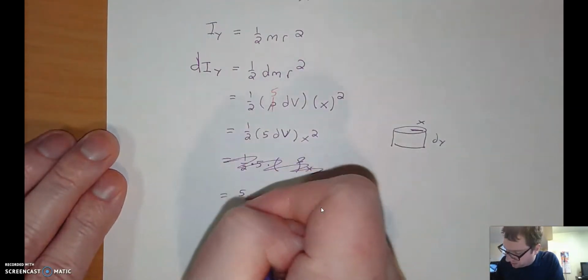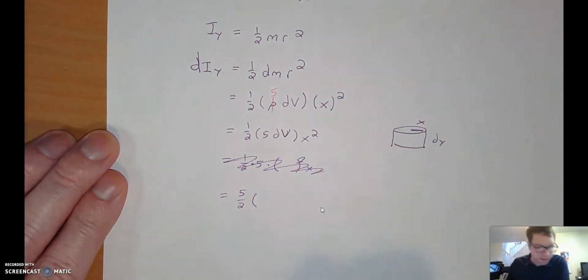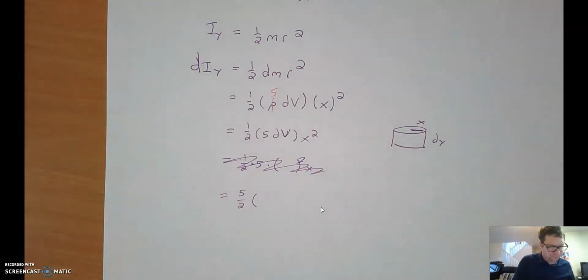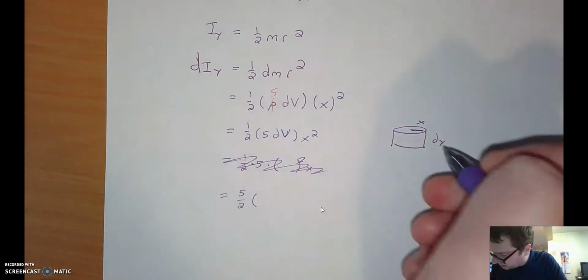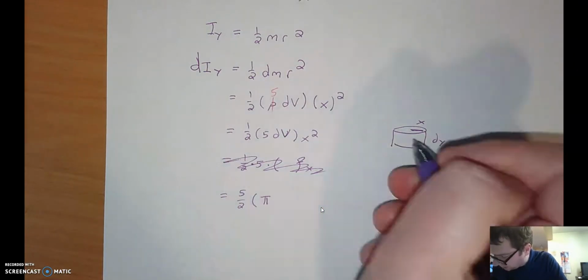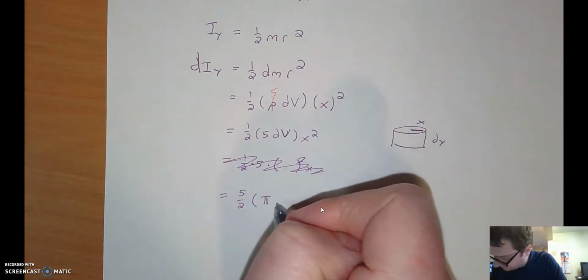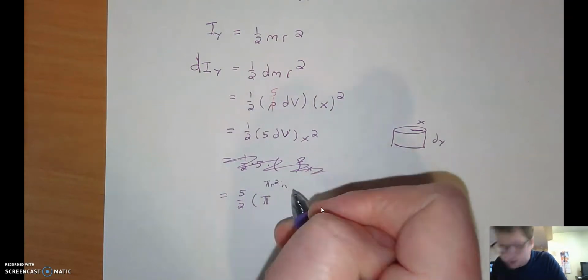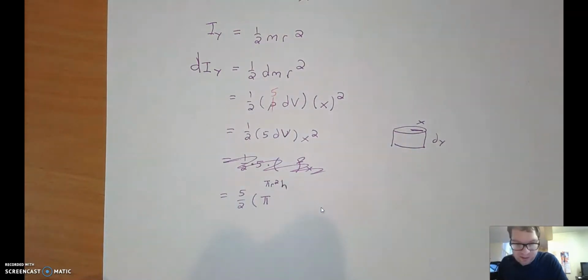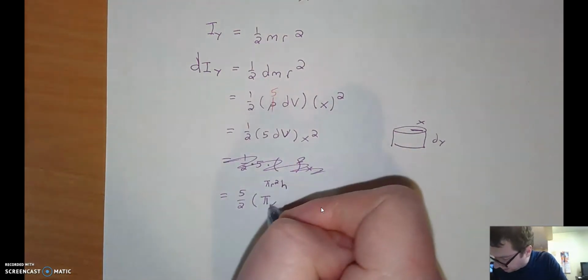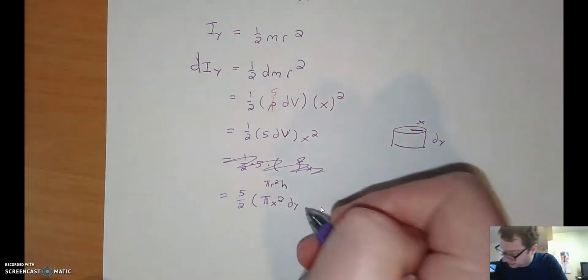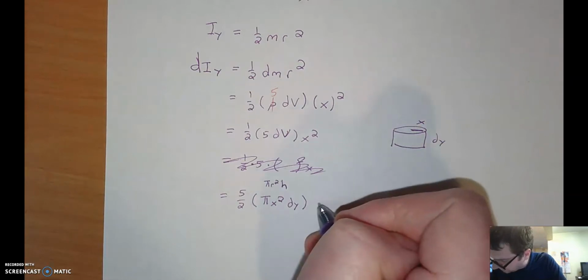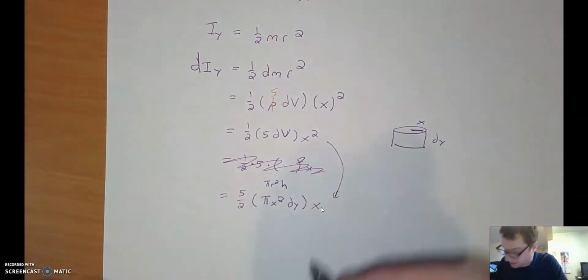All right, let's move our 5 over here. So we'll have 5 halves, and let's break apart dV. So dV will become pi r squared times height. Again, r is just x. That's a cylinder. Our r is x, so pi x squared, and our height is dy, because it's a piece of the total height. And then we bring our x squared down from up here.